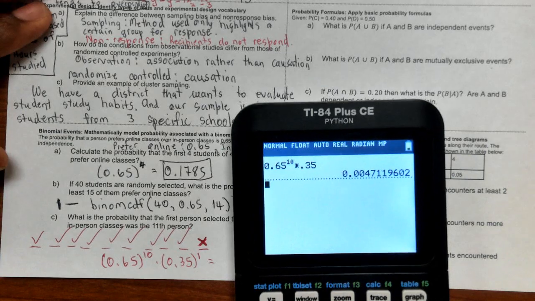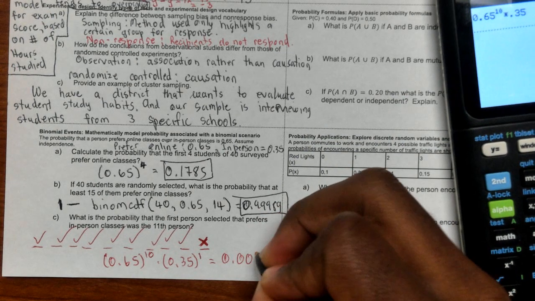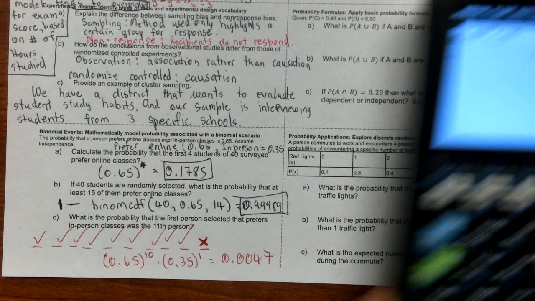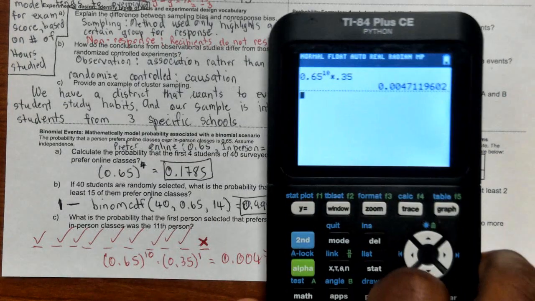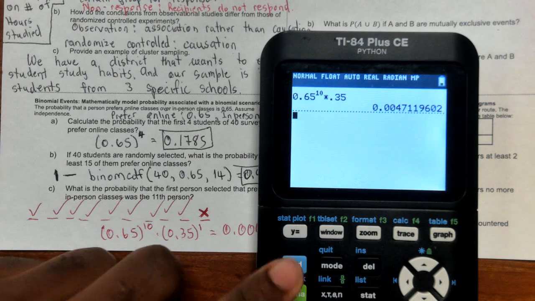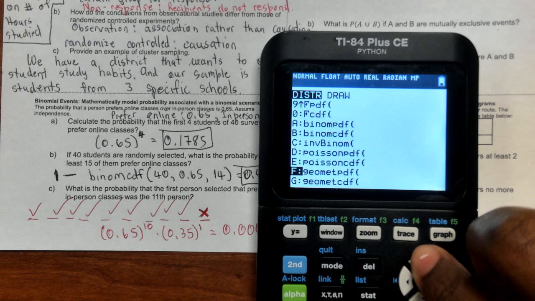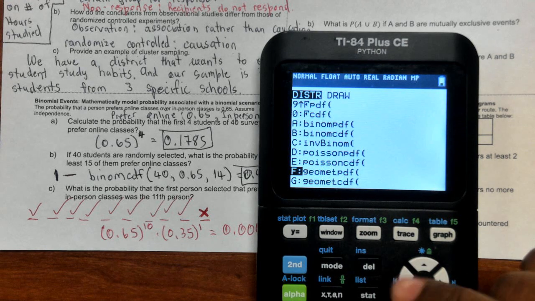So this would be 0.0047. You could have gotten this another way, guys. We could have used geometric PDF. If you press second function, because you're trying to find the specific area, if you're using PDF, you're trying to find the 11th person specifically.